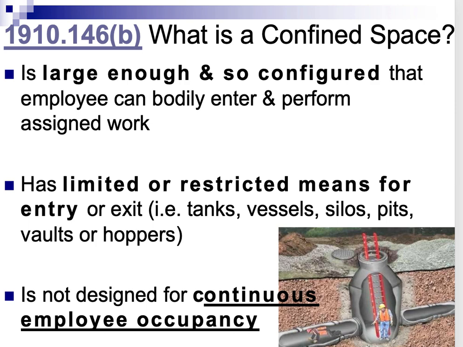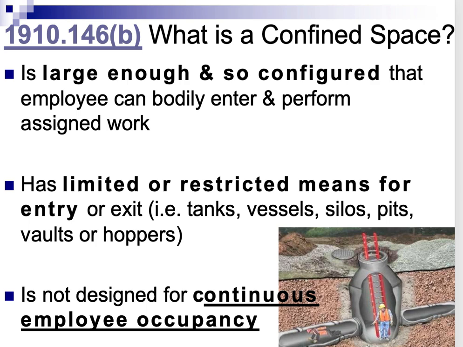So what is a confined space? So 29 CFR 1910.146 subpart B, a confined space is large enough and so configured that employees can bodily enter and perform work, but it has limited or restricted means for entry, such as a tank, vessel, silo, pit, vault, or hopper, and it is not designed for continuous employee occupancy.